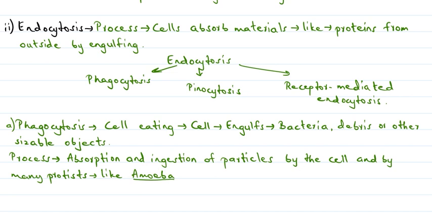This process of phagocytosis was discovered by a scientist named Mechnikov.